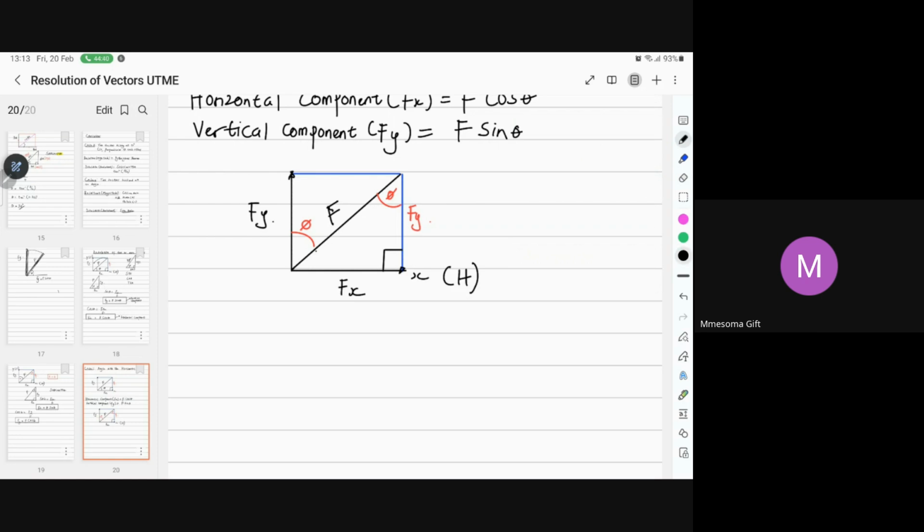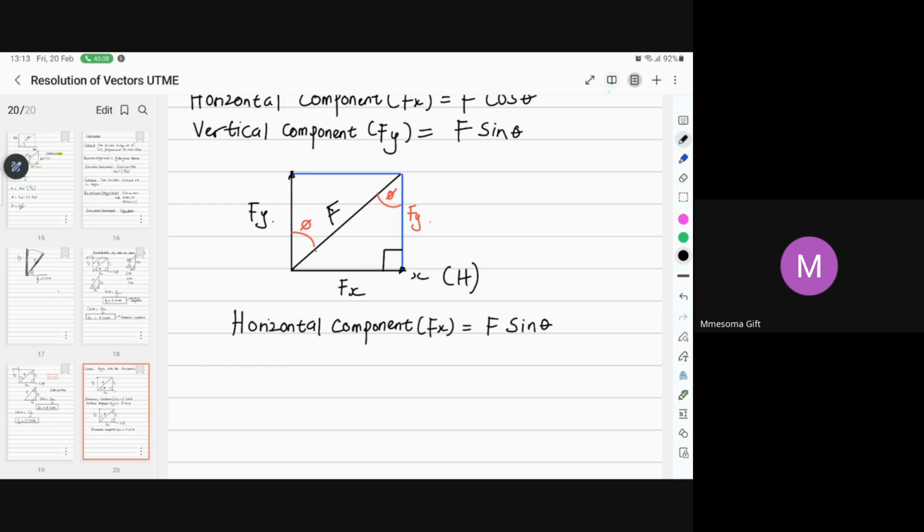So in that case, we'll have that the horizontal component, Fx, at this point will be equal to F sine theta. Are you seeing the changes there when the angle is with the vertical?